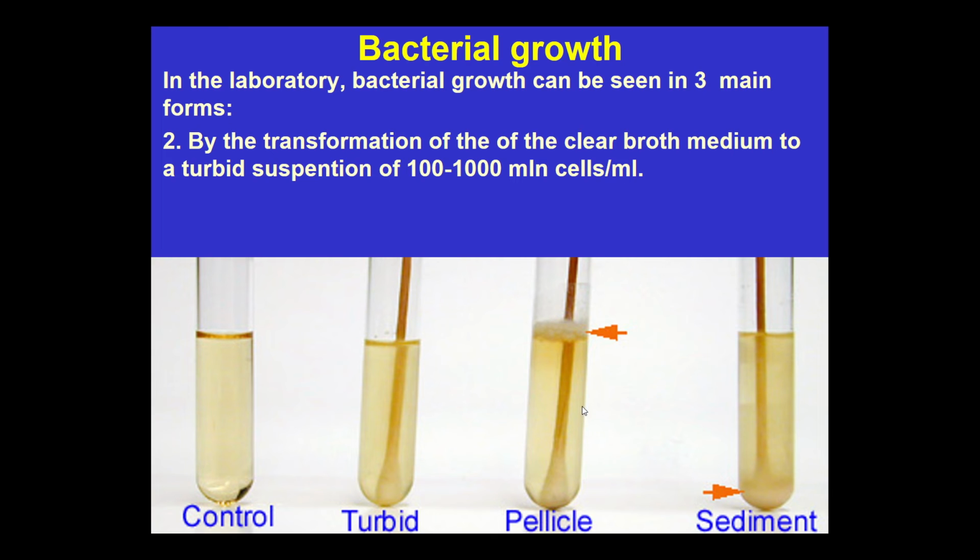That's a lot. Then sometimes some bacteria, for example Vibrio cholerae, are obligatory aerobic bacteria. They may form a sort of surface growth. We see the pellicle formed on the surface of the broth medium. So that is pellicle growth.